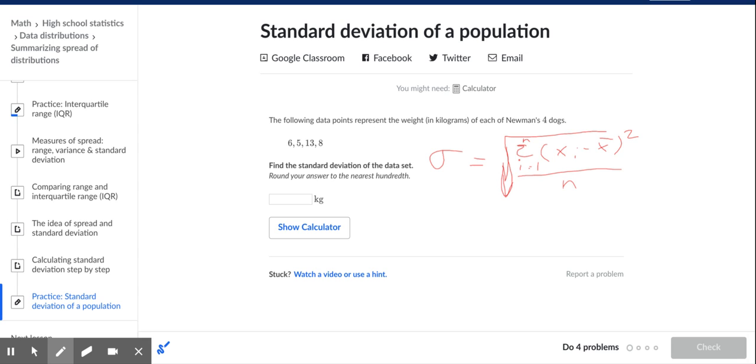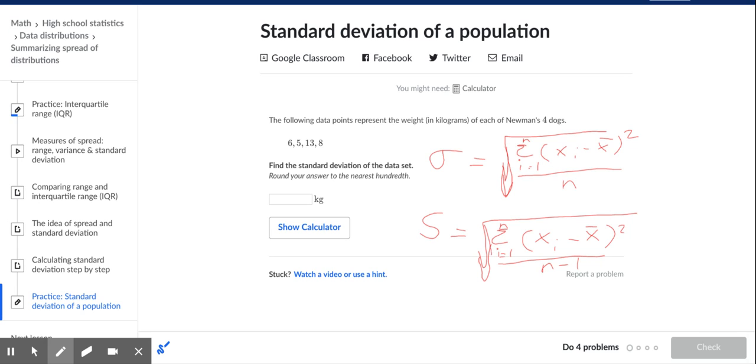And I'm going to talk about all of these pieces and exactly how we find them in a second. But first, I want to show you the difference. So the sample standard deviation, which we usually use s for, is going to be very similar. Sum i equals 1 to n, (xi minus x bar) squared over n minus 1 is the difference.